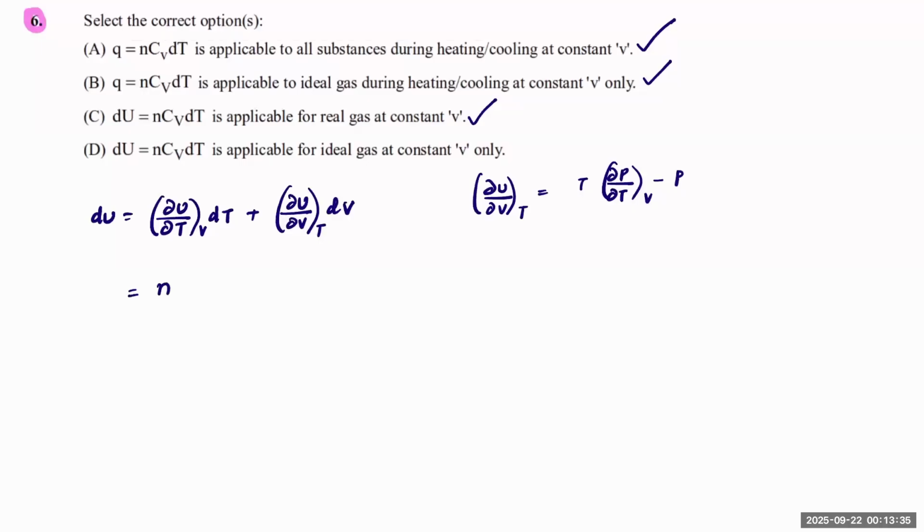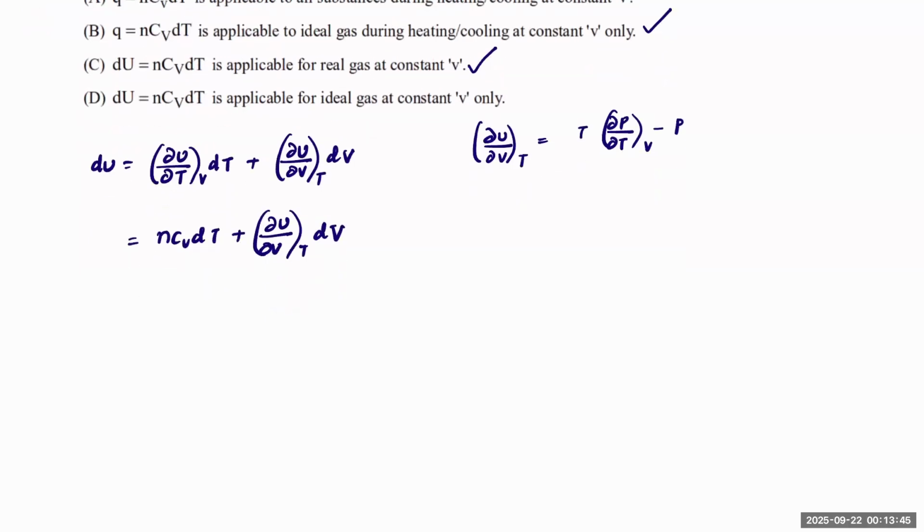And this we know can be written as nCv dT plus (dou U by dou V) at constant temperature into dV. Clear? Imagine if it is not operating at constant volume, then for real gases this factor will exist. But if you're operating at constant volume, then this factor will become zero.